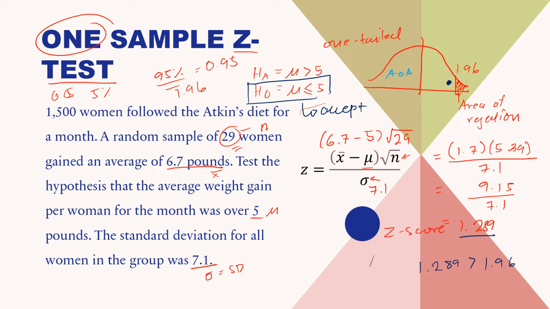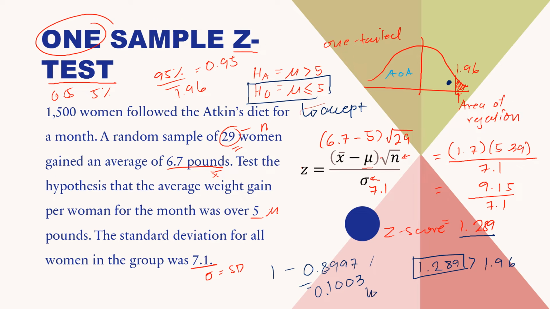Now, there are other things that you have to consider. For example, you could search up 1.289 in our Z table, and you're going to find out that the area it occupies is around 0.8997, if I'm not mistaken. And if you compute for the p-value, simply subtract that from 1, then the area that it occupies is 0.1003.